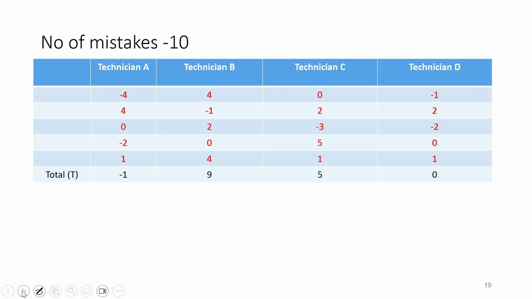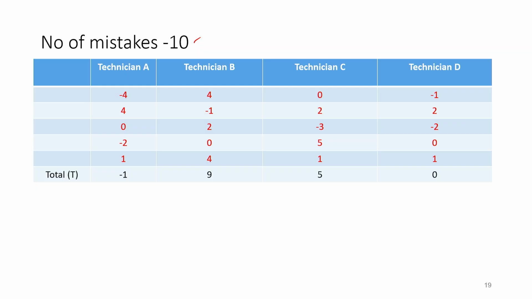So the procedure is exactly the same. Here, we are doing number of mistakes minus 10. What is the advantage? I see many figures have become only 1 digit, and a few figures have become 0 also. So this is going to tremendously help me in doing the calculations manually.